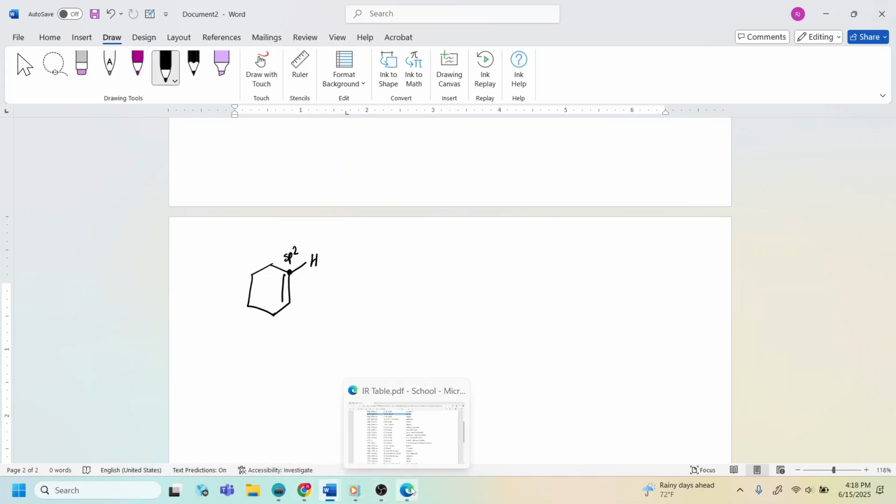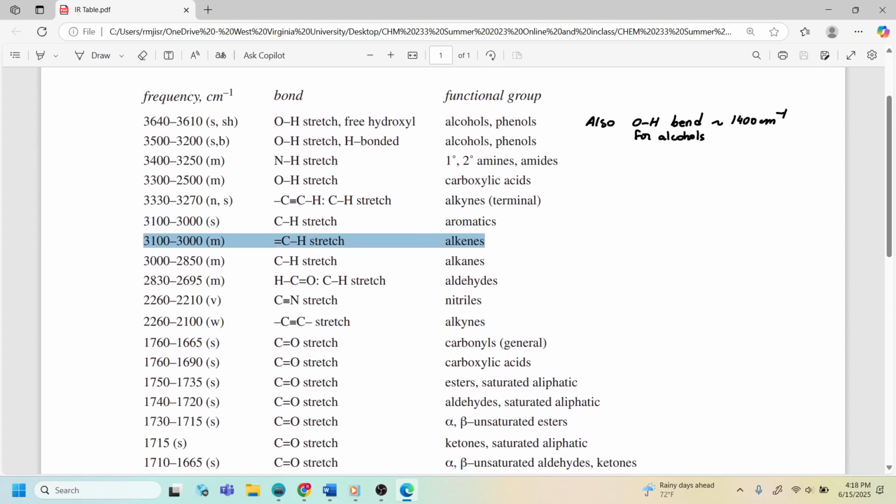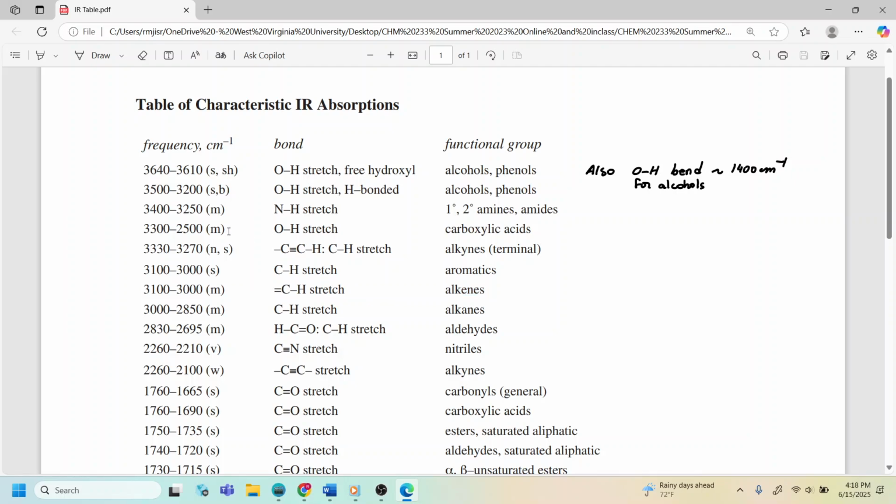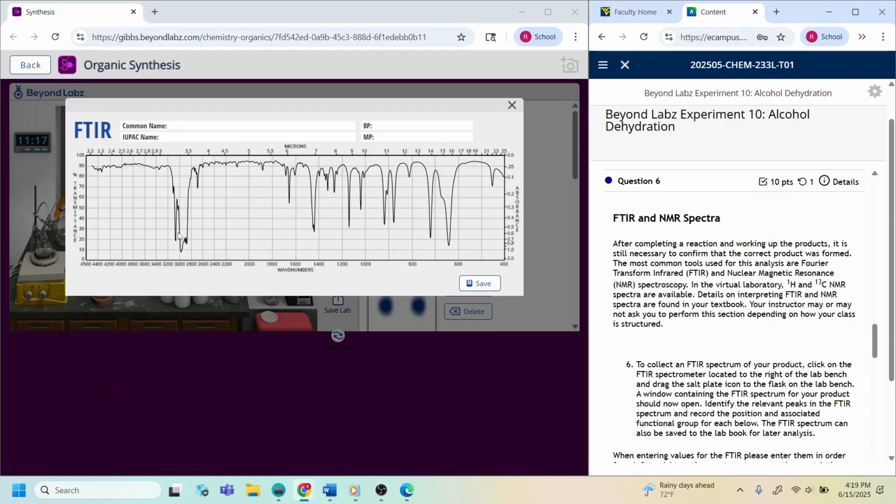If we open the IR table for the alkene, the first thing that we're looking for is the vibration of the CH stretch, and it's going to be in this region. That is going to be peak number 1. It is a medium peak, and actually we do see it over here. So that is the medium peak.